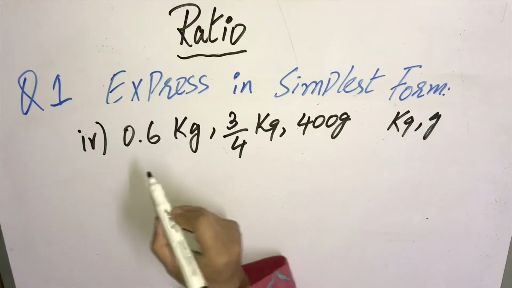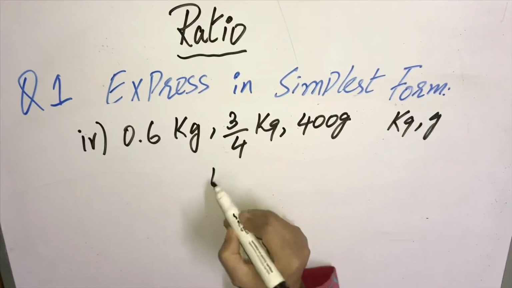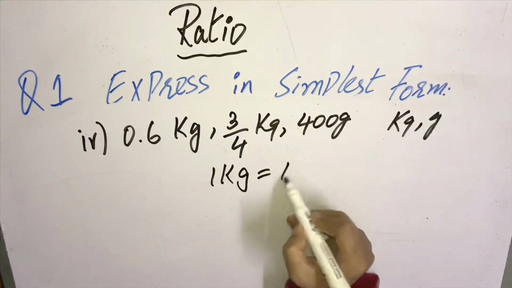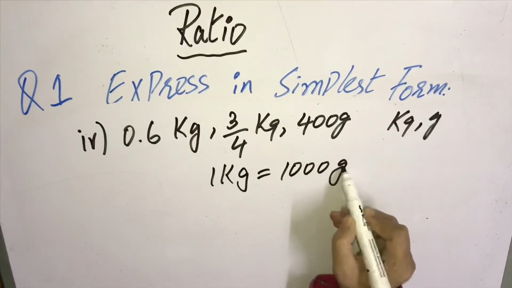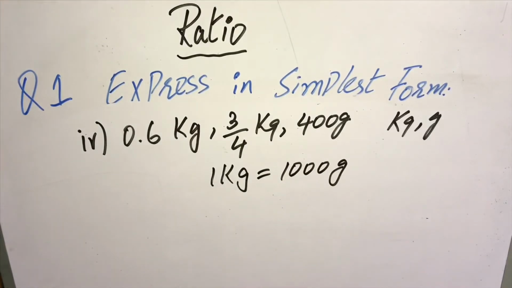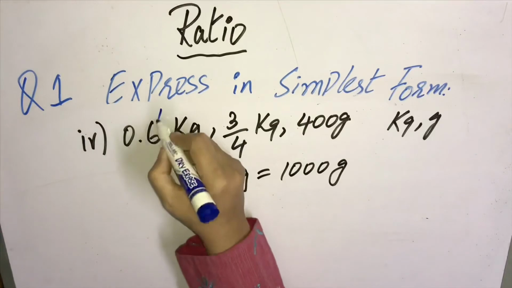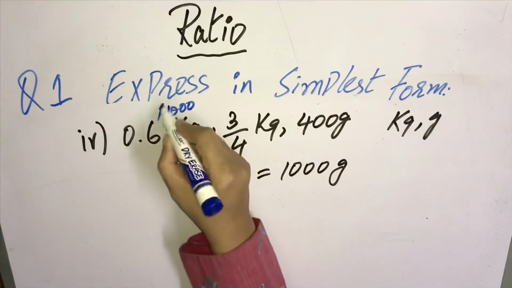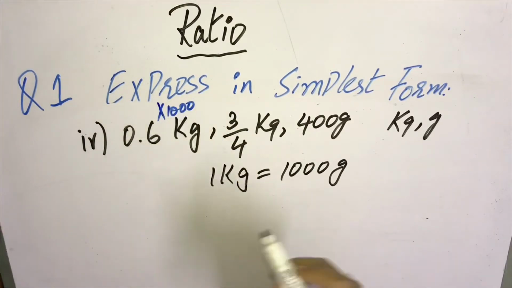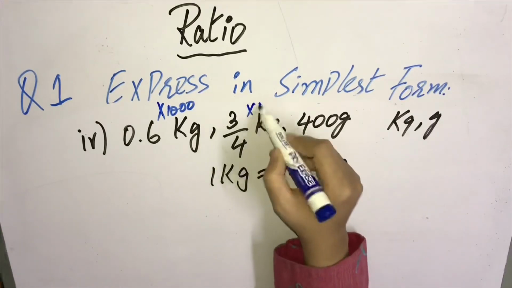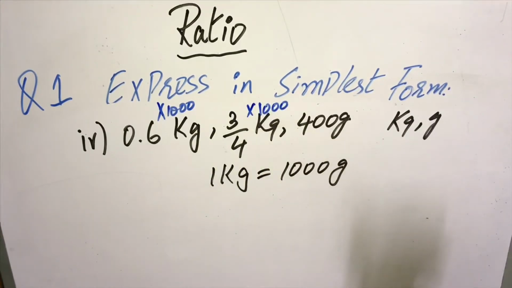Okay, this is in kilograms. 1 kg is 1000 grams. So we shall multiply this 0.6 with 1000 to bring it into grams. When we have 3 by 4 kg, we shall also convert it into grams by multiplying with 1000, but this is already in grams.